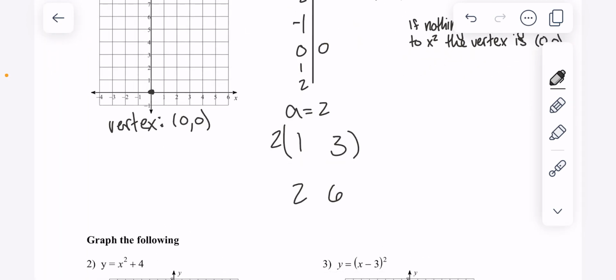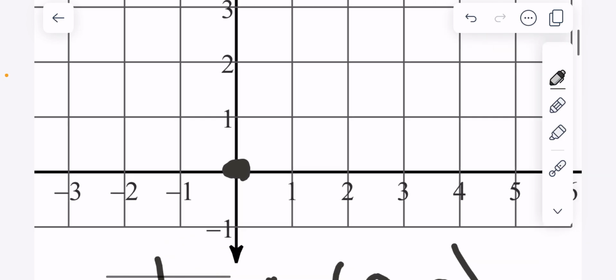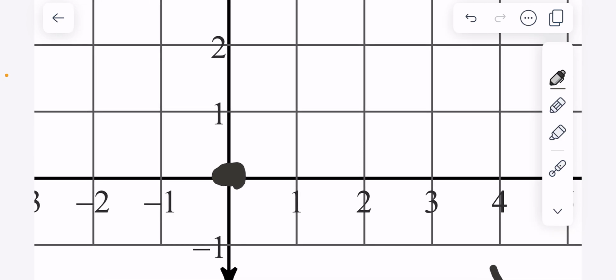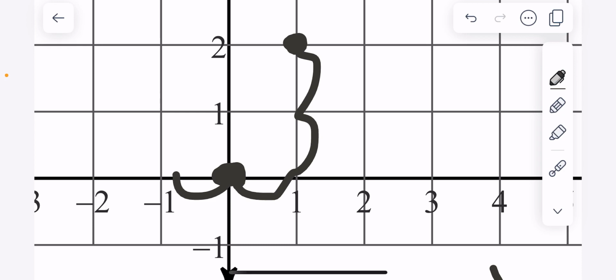What this says is I always go left, right, 1 from my middle. Remember how we would do rise over run in the past, and we would go how far up, how far down? Well, in this case, my run is always going to be left, right, 1. My rise is what changes. In this case, I'm rising 2 because it was 2 in front.